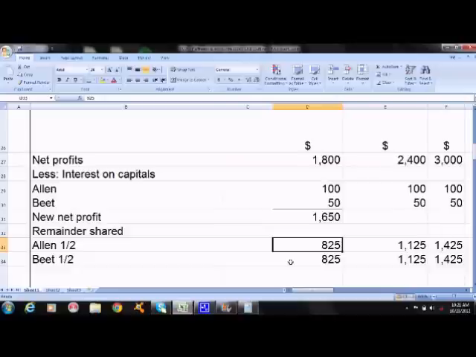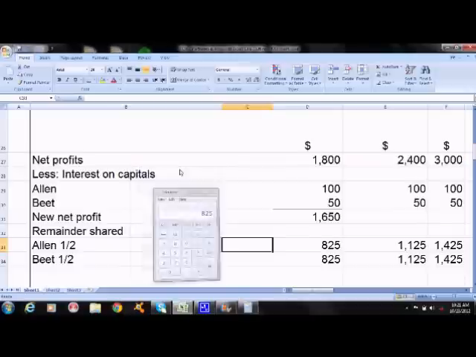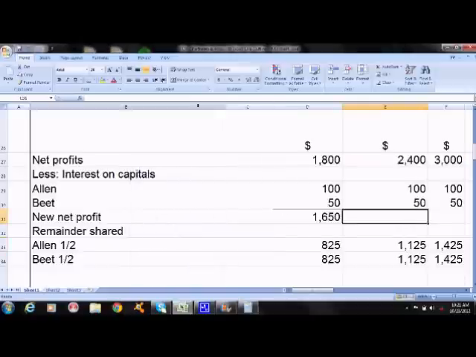So Allen will get half of that. So it will be 1 over 2, work it out. 1 divided by 2 times 1,650 equal to 825.